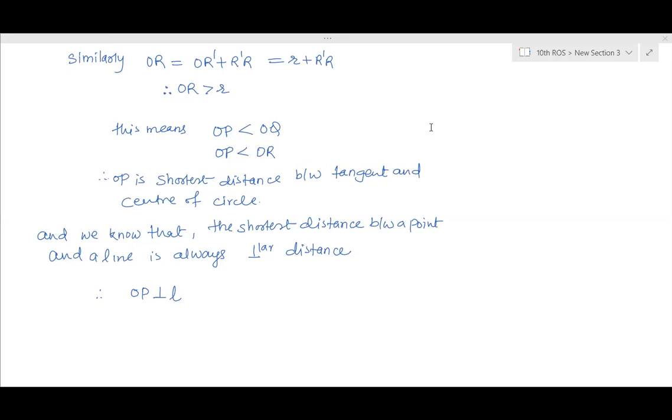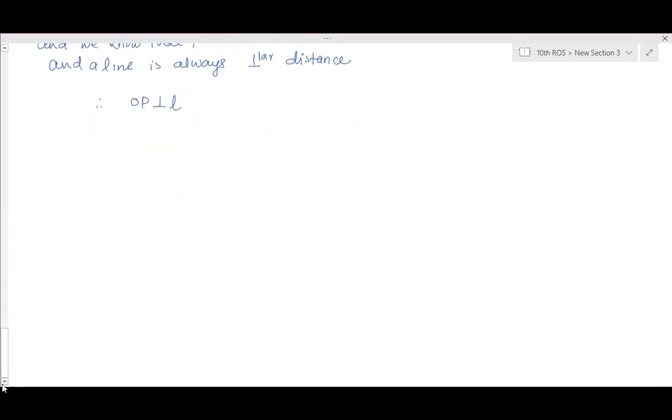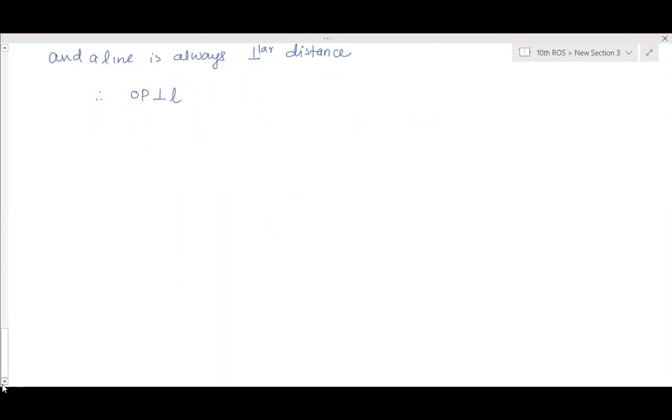Yes, ma'am. The next one is the next property. From an external point, that is a point which is outside the circle, we call it an external point. From that point, two tangents can be drawn, and the lengths of those two tangents are always equal.